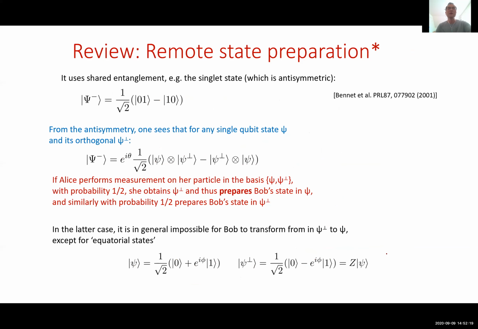Okay. The one that we mentioned at the end of last lecture is remote state preparation. This is easily illustrated using the singlet state. The singlet state has an anti-symmetry. When you exchange the two particles, there's a minus sign.